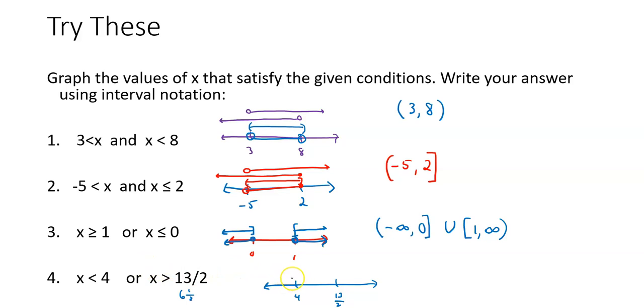Less than 4, we would write with that open bracket that way. Greater than 13 halves, we would write with that open bracket that way. So in terms of interval notation, it goes from negative infinity to 4, doesn't include the 4, add to it all the values from 13 halves to infinity.